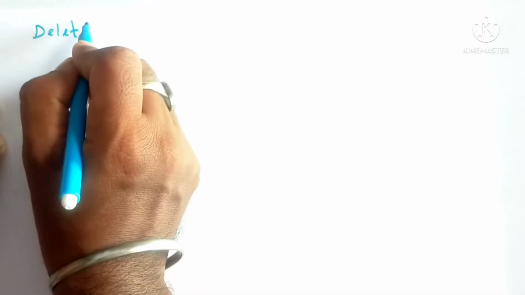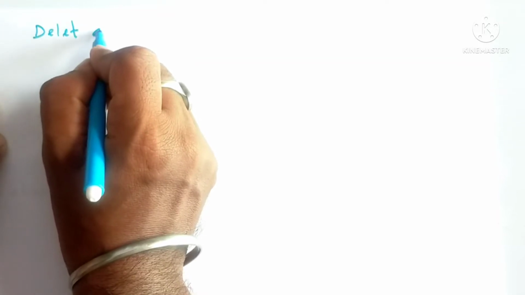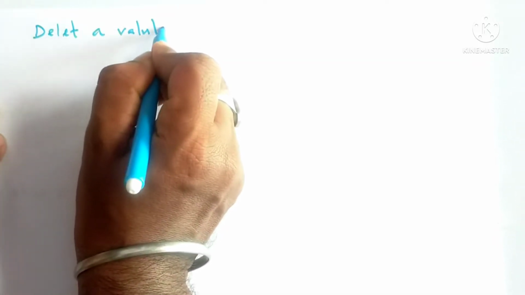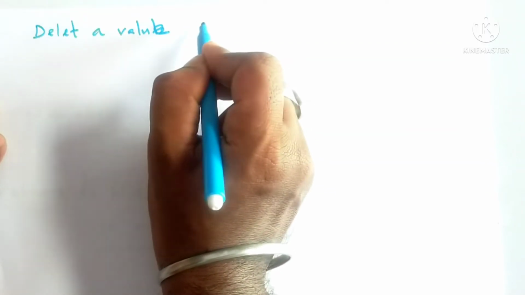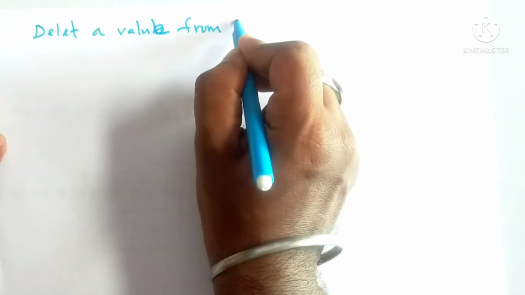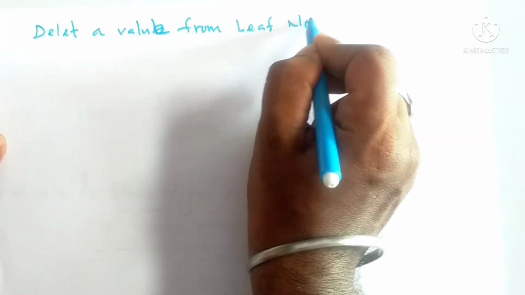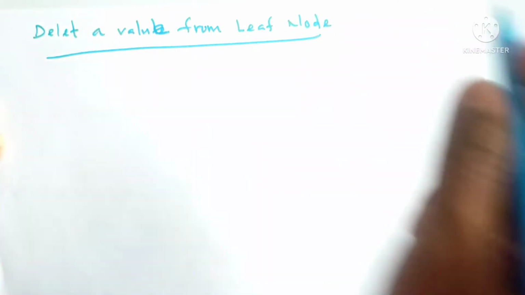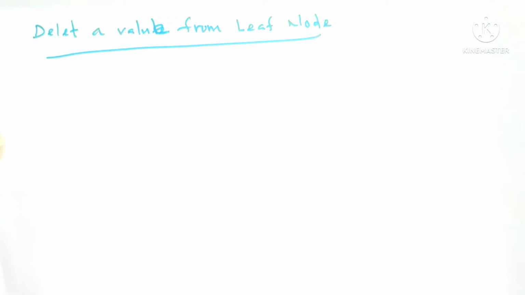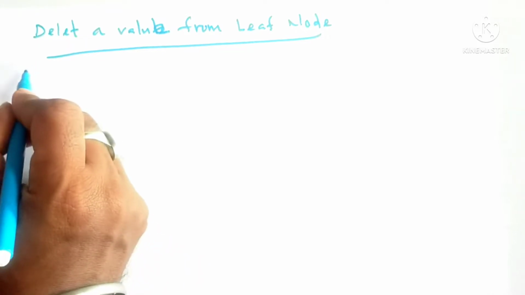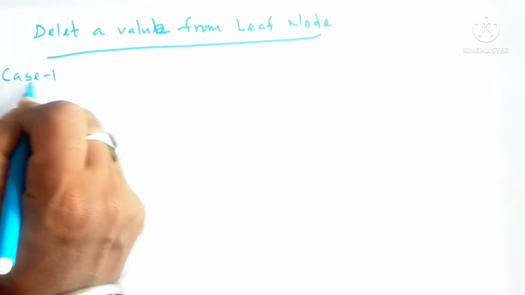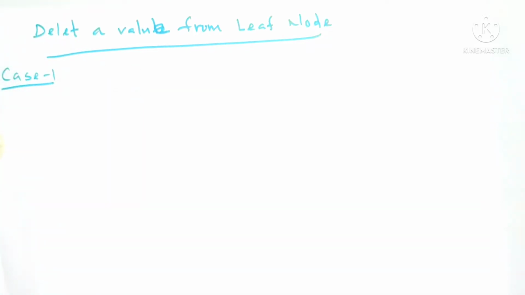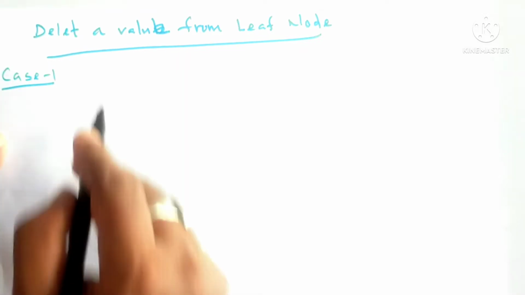If you are going to delete a value from a leaf node, case 1 is that the leaf node contains more than the minimum number of keys.